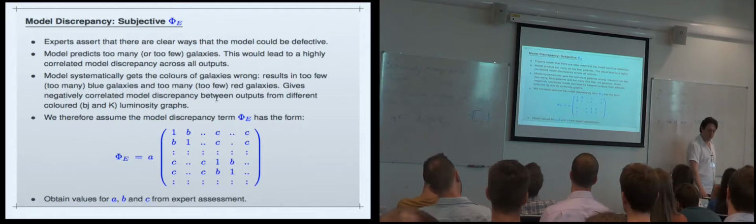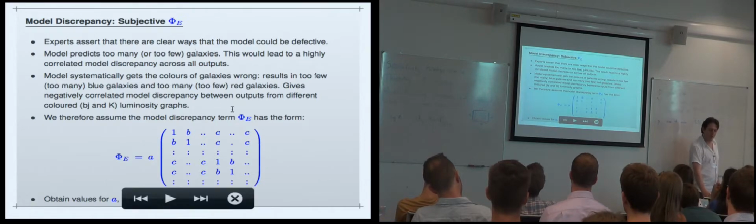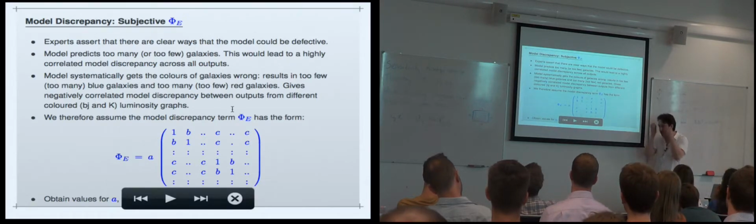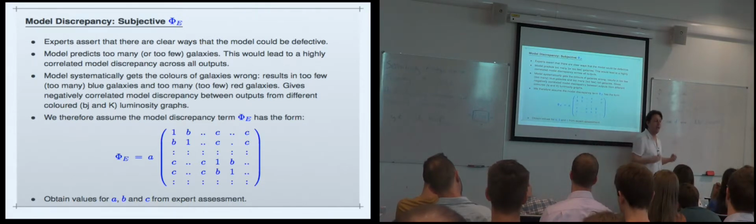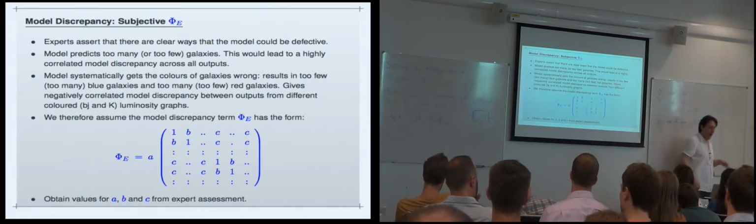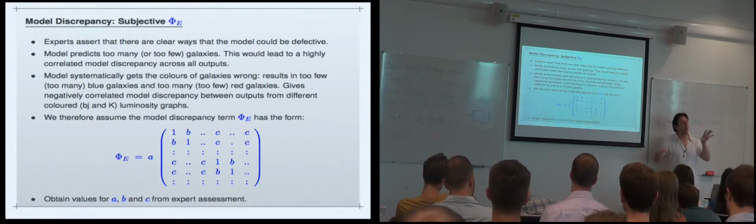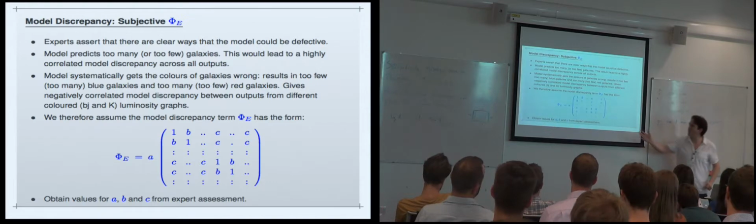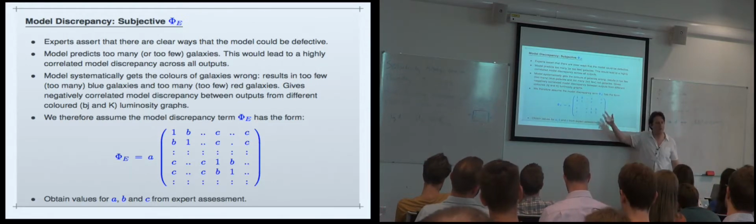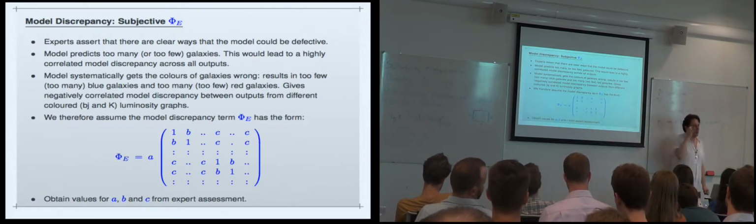Basically for this, we talked to our experts about what goes wrong with the model, and to cut a long story short, the models either overestimate or underestimate numbers of galaxies. That gives you a correlated model structure. And it gets the ages of the galaxies wrong. So you get too many red, too few blue, or vice versa. So this gives us a kind of parameterized structure for our model discrepancy covariance matrix.